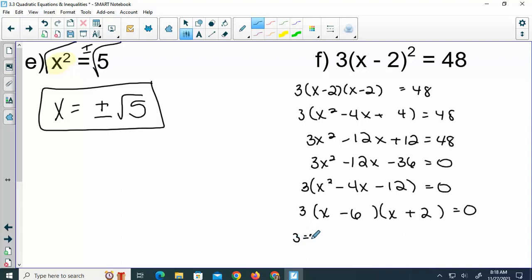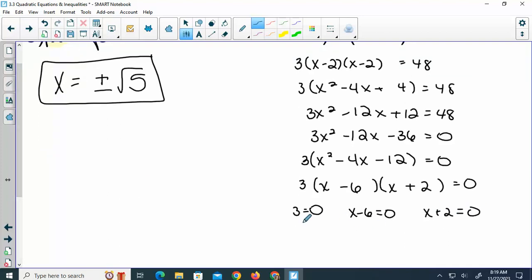If I set each of them equal to 0, can 3 ever equal 0? No, so that doesn't give me any answers. If I add up my 6, I get a positive 6. Subtract my 2 and I get negative 2. So 6 and negative 2 are my answers.